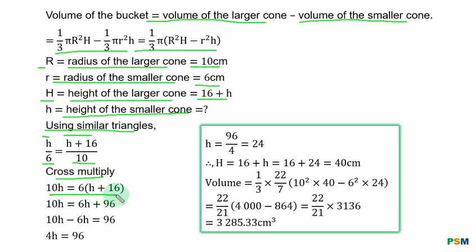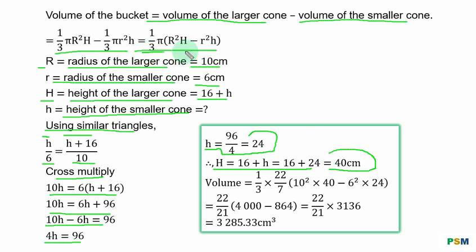You open the bracket, you have this result. Collect like terms. When you subtract, you have 4h equal to 96. Divide both sides by 4. Height of the smaller cone becomes 24 cm. Therefore, height of the larger cone is 16 plus height of the smaller cone, and you have 40 cm.